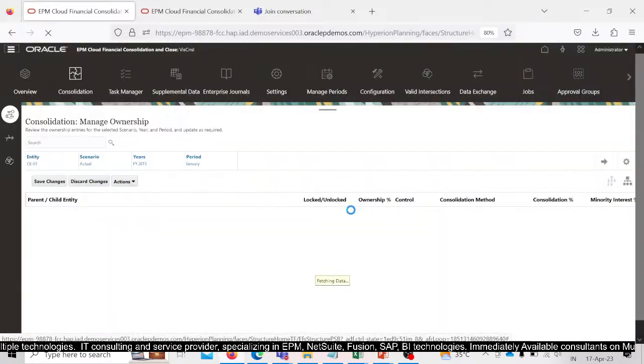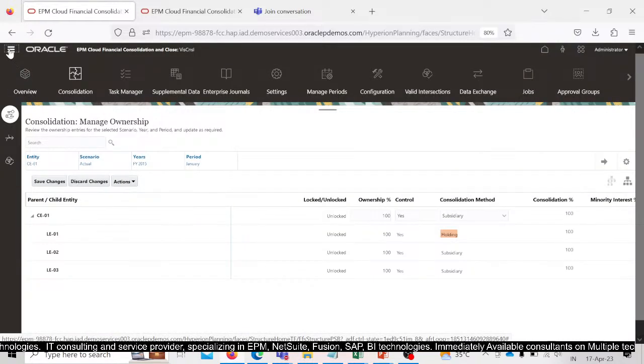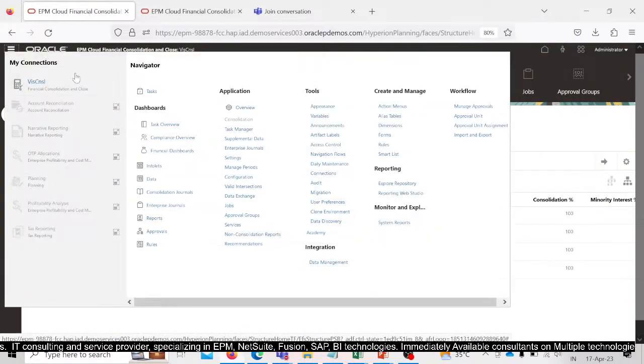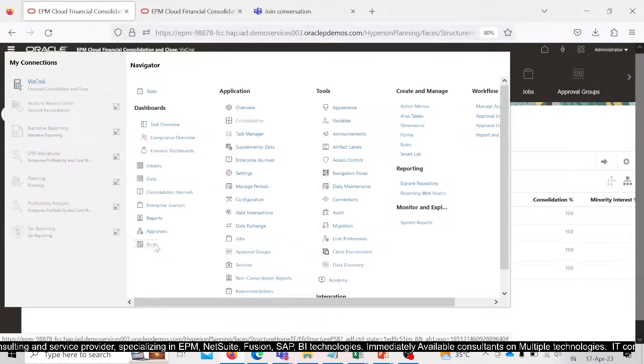And now we will click the rule of consolidation.